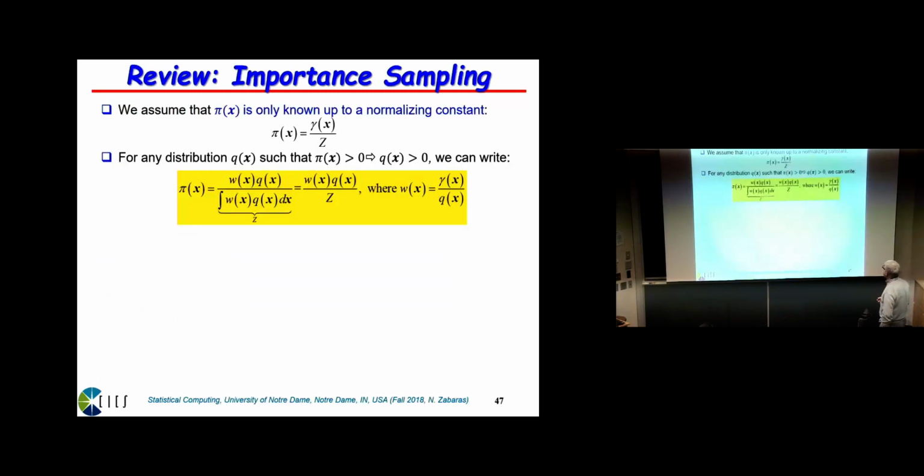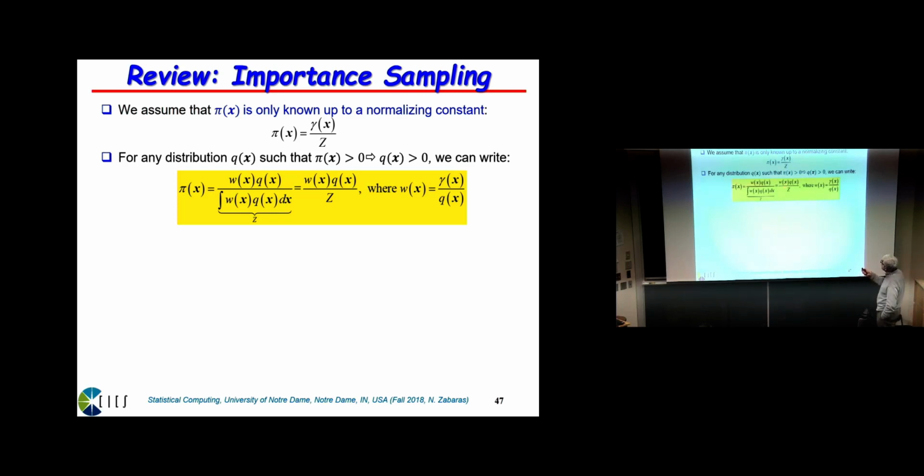So here is the idea of importance sampling again. Sampling from pi in general is complicated, so we're going to sample from some other distribution Q. Really there are not too many constraints on Q. You just need to be smart, basically: at least when pi is greater than 0, Q has to be greater than 0. And the key equation is the one that you see here.